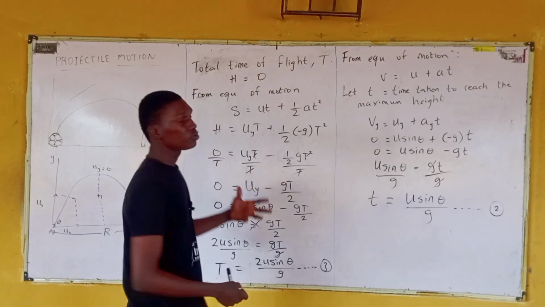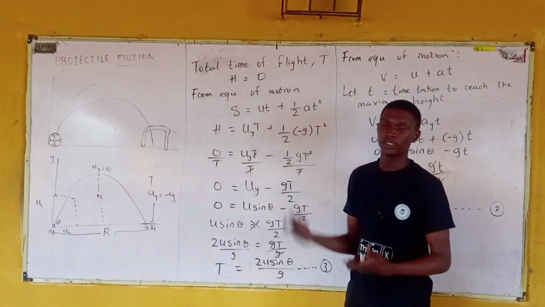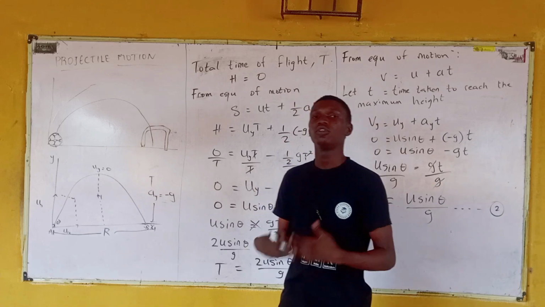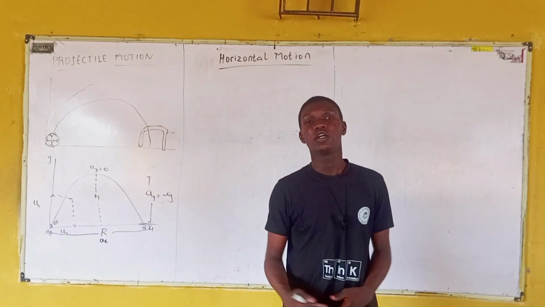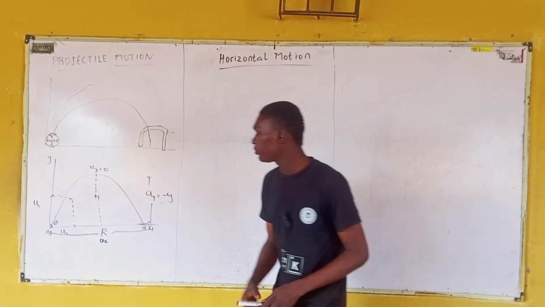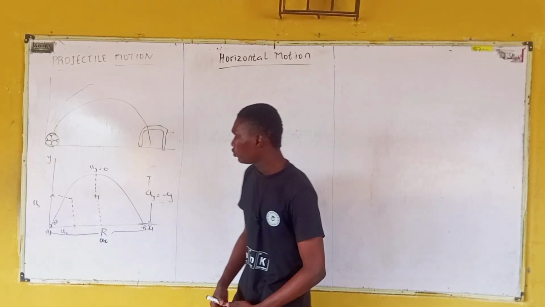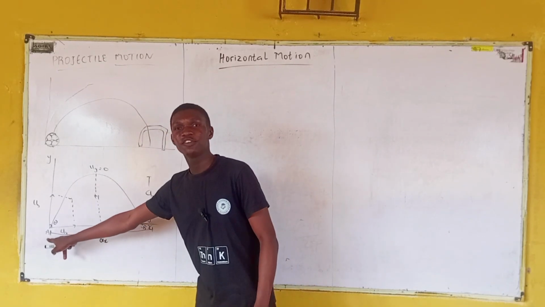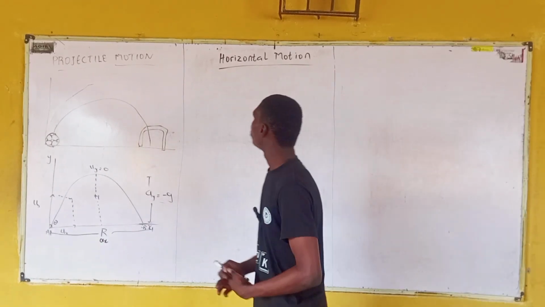Now, we've talked about projectile motion on the vertical projection plane. Now, let's move to the horizontal projection plane, or simply horizontal motion. We are talking about this distance from here to here. We already deduced that the distance from point A to point B is called the range.